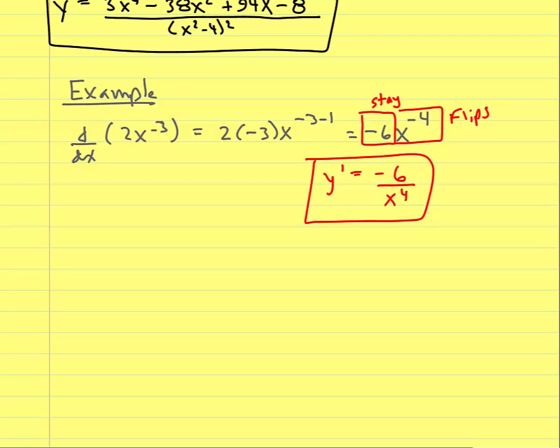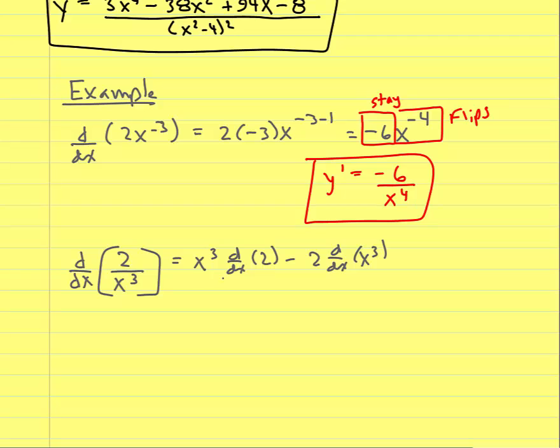Now I can also make this problem a lot more complicated. If I don't recognize that I can rewrite this, leaving the 2 up top and flipping this, it just looks like a quotient. So I do the bottom times the derivative of the top minus the top times the derivative of the bottom all over the bottom squared.